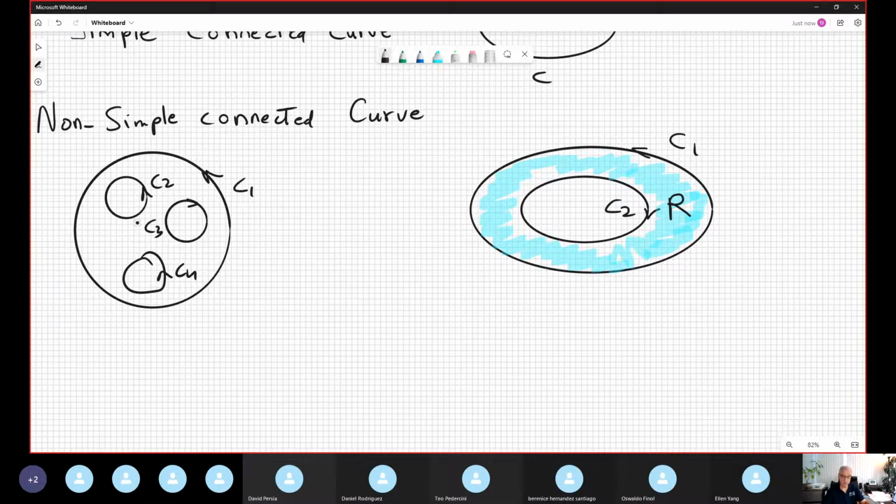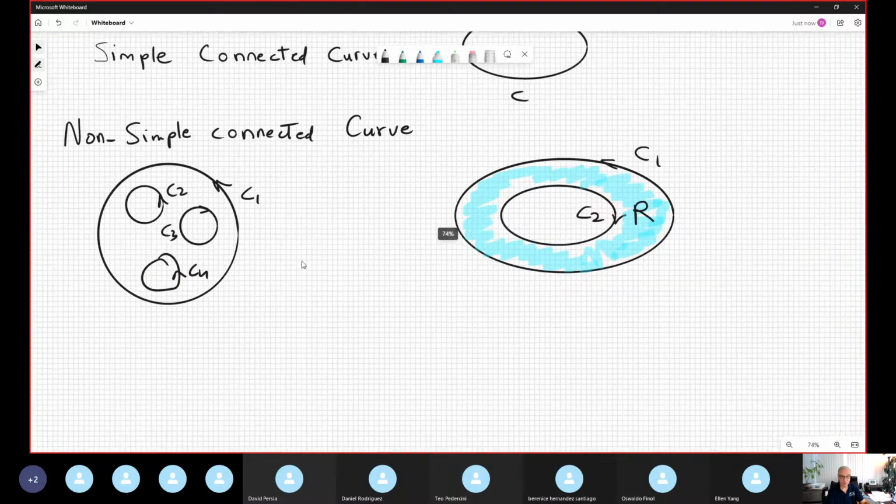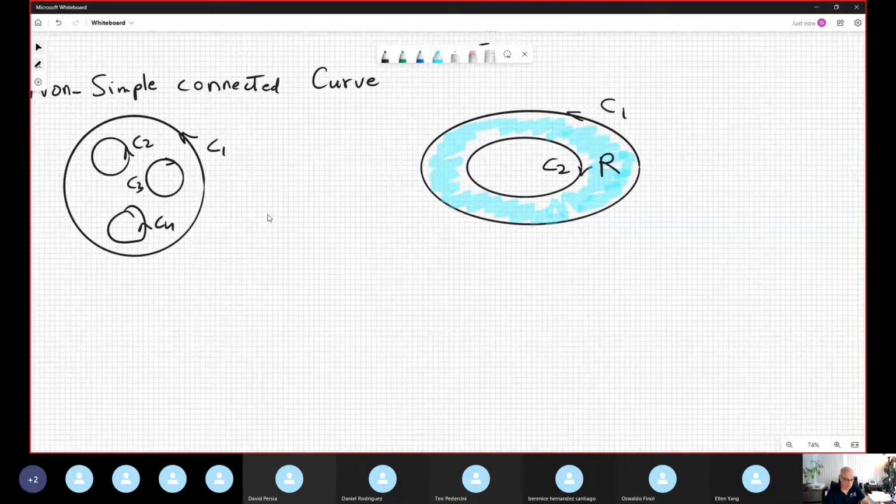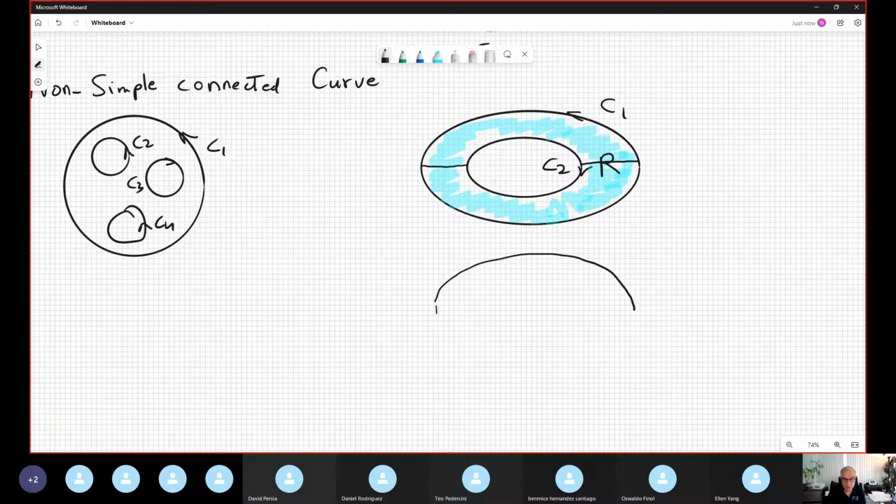Okay? Entonces now, let me try to understand this because it's confusing. To understand this, I propose you separate it artificially into two curves. The first curve is this.